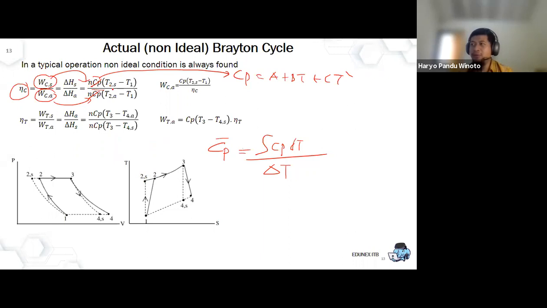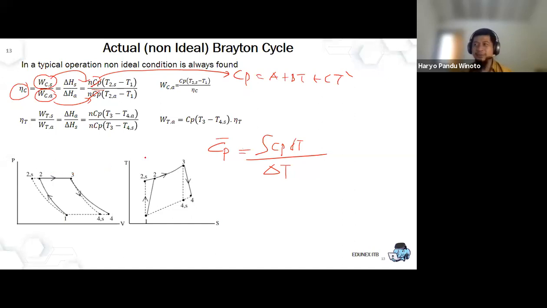Then you have T2 at isentropic, S here means isentropic, minus T1, divided by T2 actual minus T1. When we talk about efficiency and you forget the equation, always find the little one, the smallest one, divided by the bigger one.